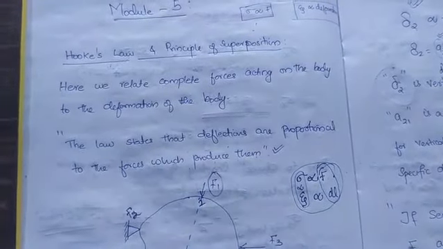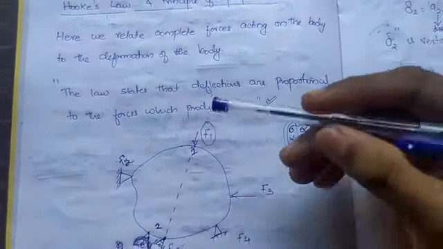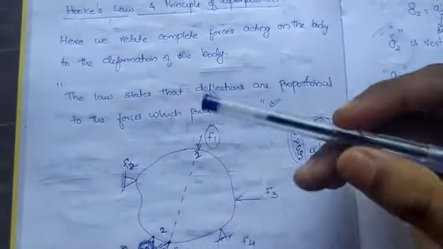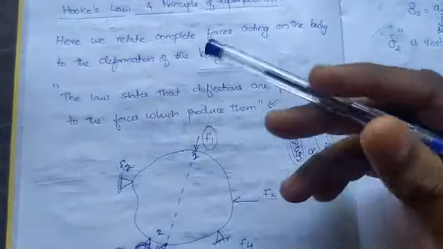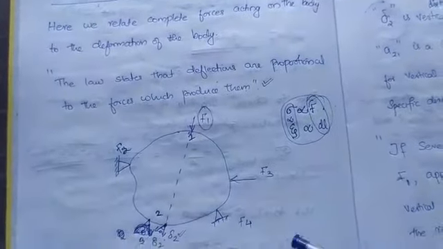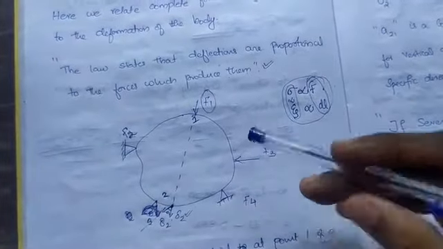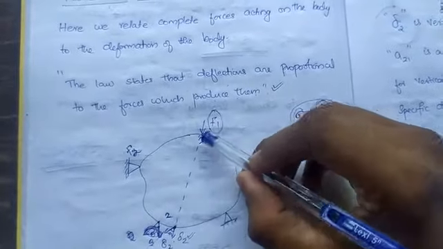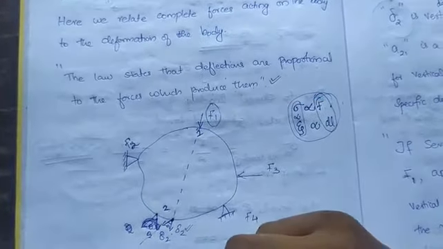Now consider an object with several forces, F1, F2, F3, F4, where some are point loads and some are supports. Consider only the force F1, which is acting at a point 1.